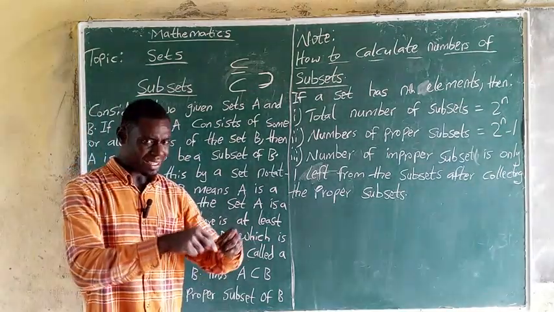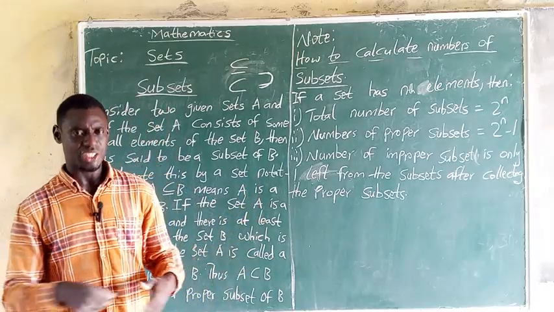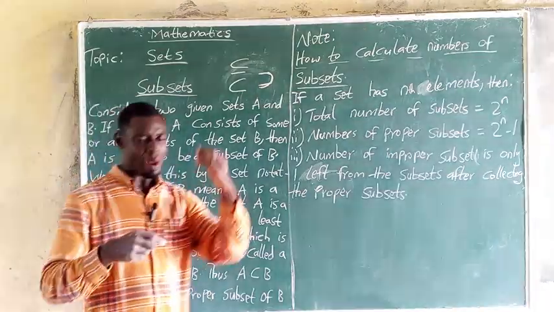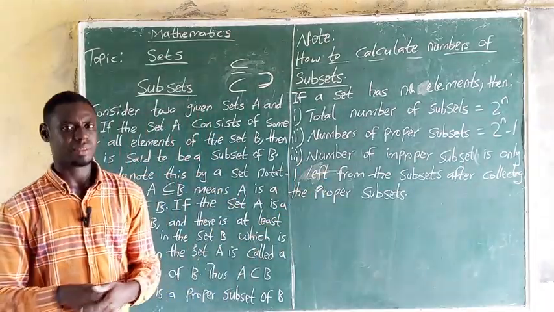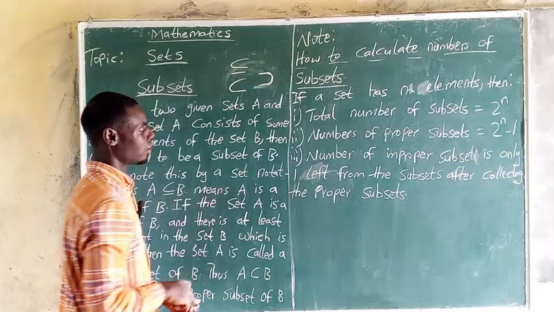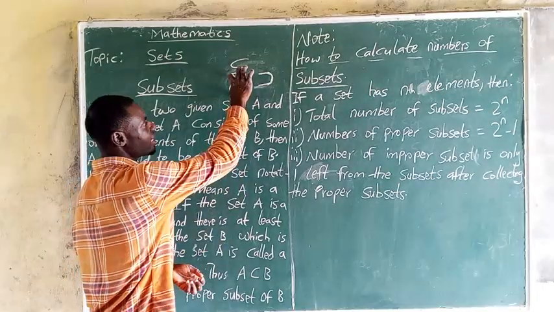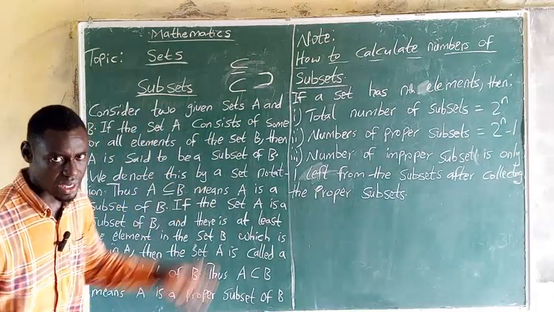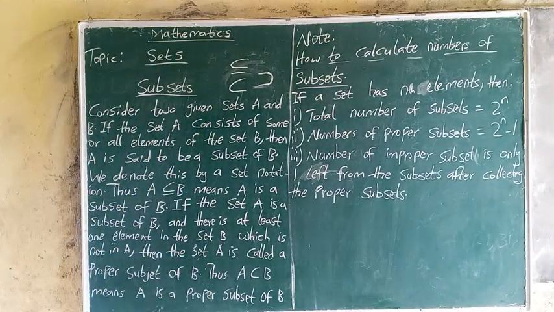So what is the relationship between the mother and the child? The mother is a superset to the child. This is the symbol for a superset to the child. This is the child, proper subset. This is subset in general.